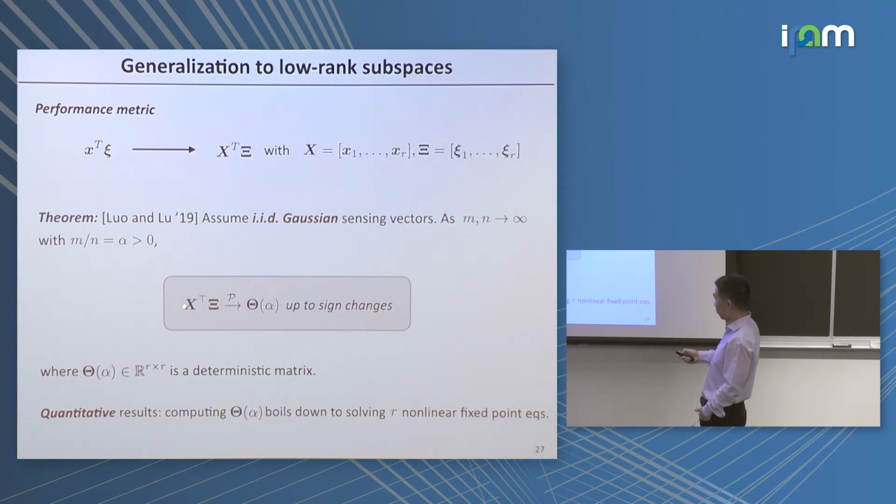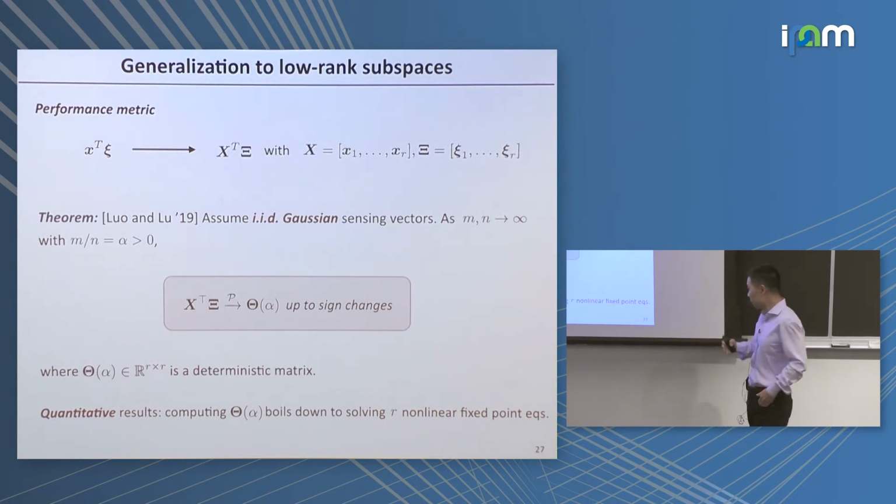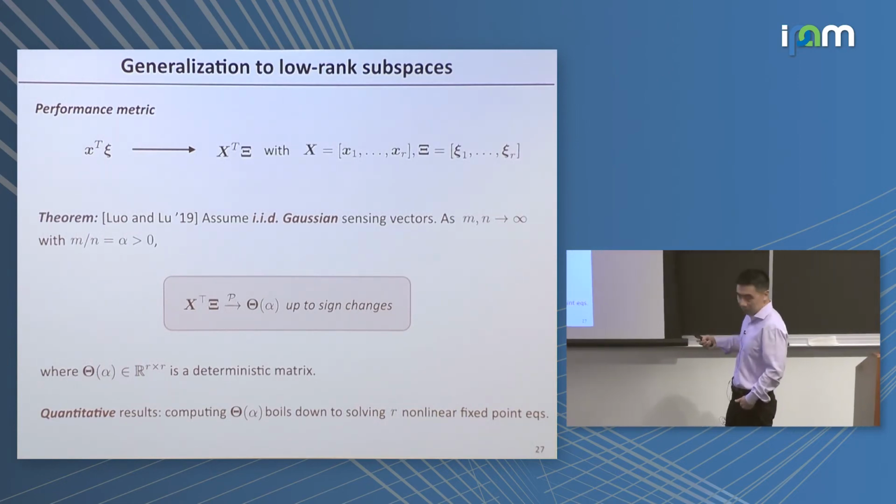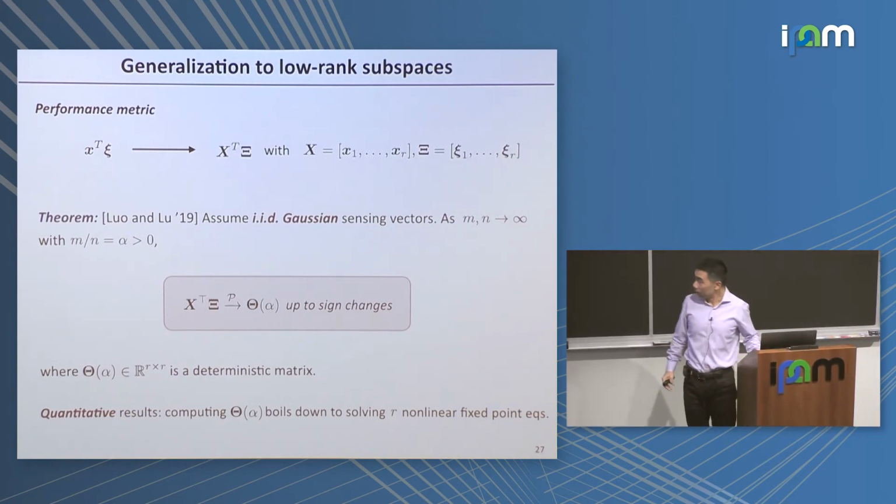This is an R by R matrix. Knowing this matrix is equivalent to knowing the principal angles of the two subspaces. In the large n limit, they converge to some fixed matrix. To find it, you have to solve R nonlinear fixed point equations. But for certain special cases, you can decouple these equations to make them effectively one-dimensional.